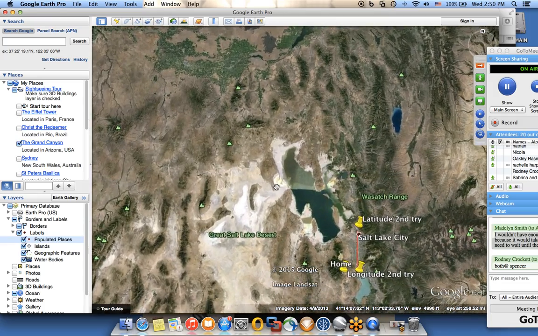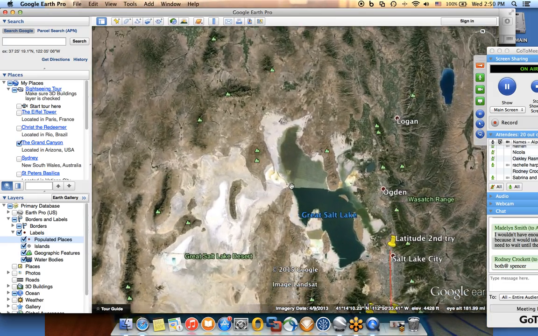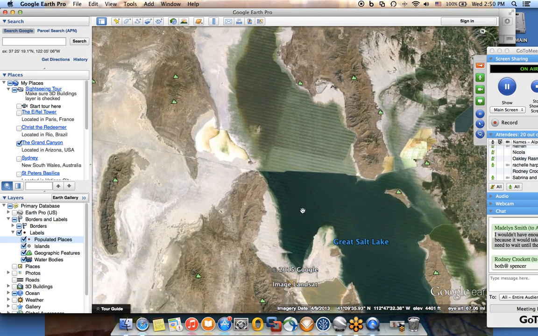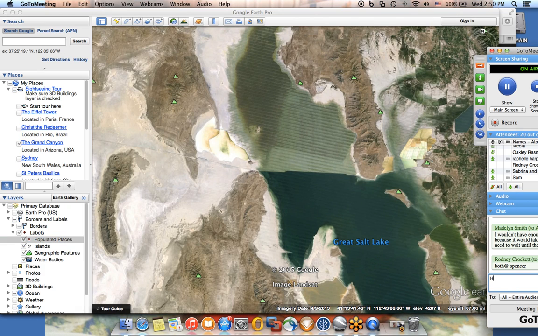All right. So this is a satellite image of the Salt Lake, and all the areas that are white are evaporative sedimentary beds of what is called halides. Okay, that was a term also that I just learned.